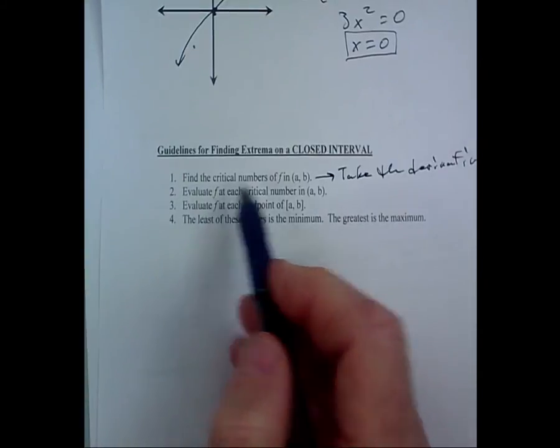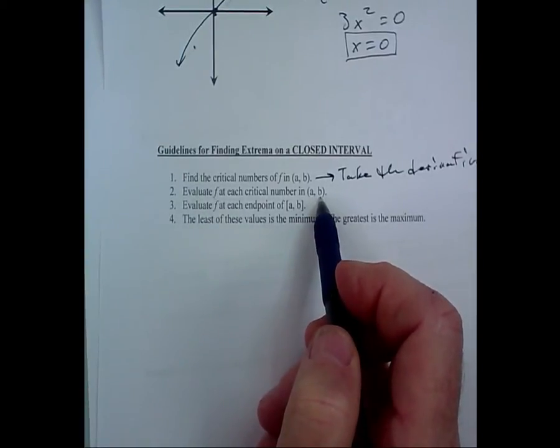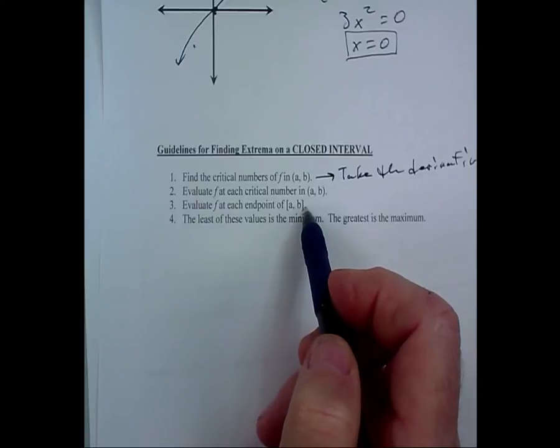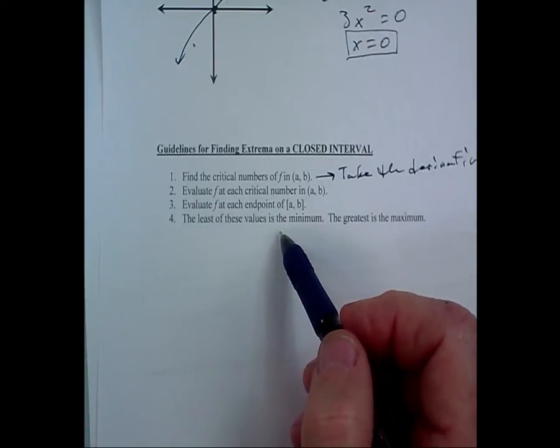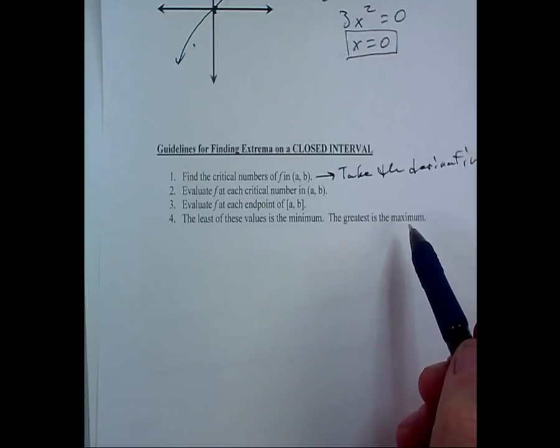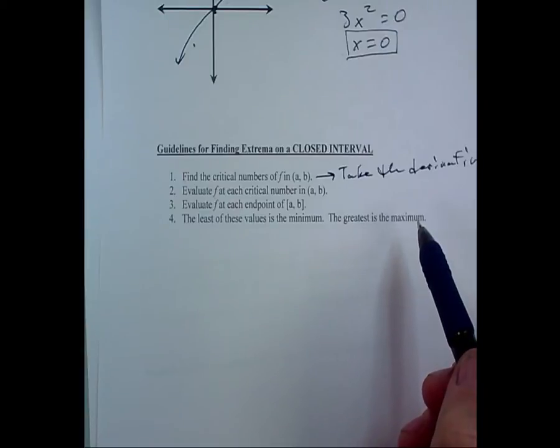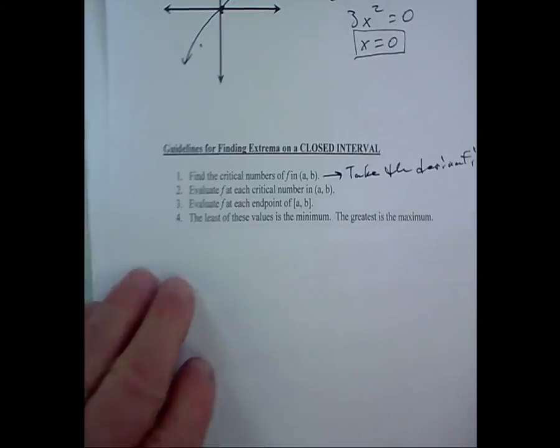Figure out your y's at those critical numbers. Look at the endpoints. The least of those values is the minimum. The greatest of those values is the maximum. Next page.